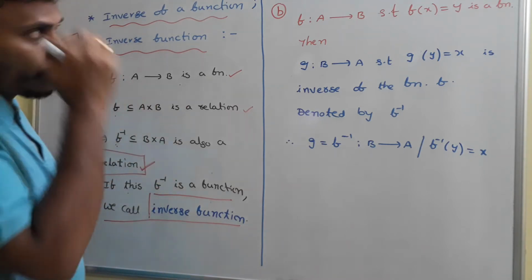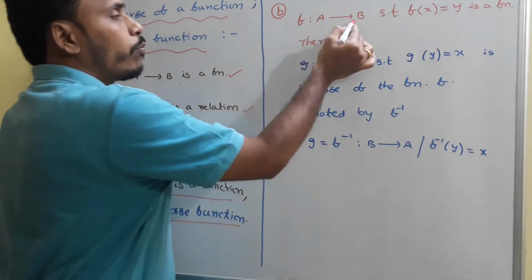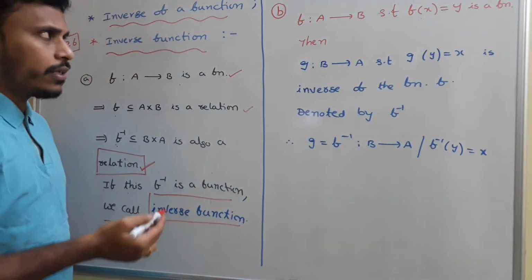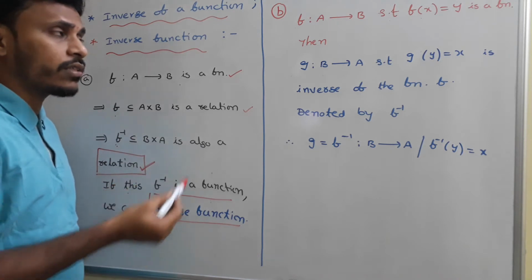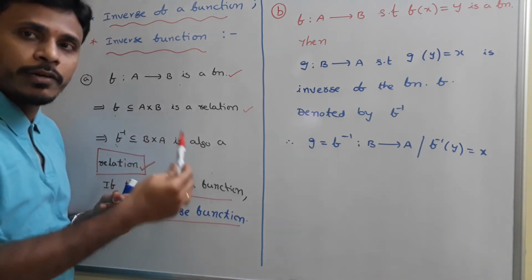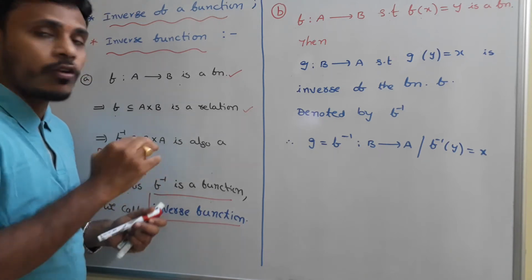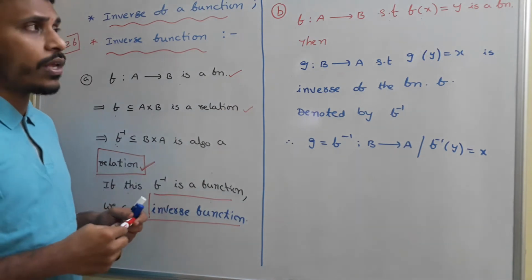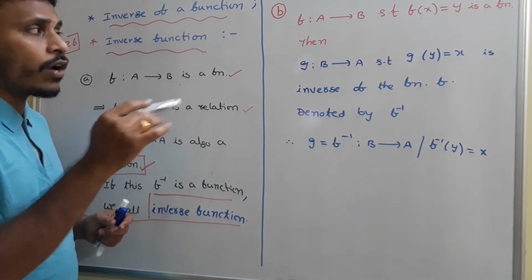Now look at this point b. F from A to B such that f of x is equal to y is a function. Basically, if you have a function from A to B, we relate the elements of A to the elements of B. So the basic definition is that y equals f of x is a function.